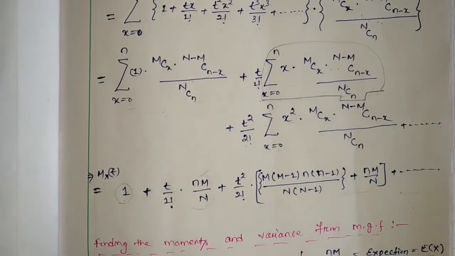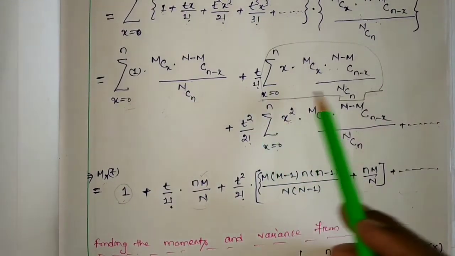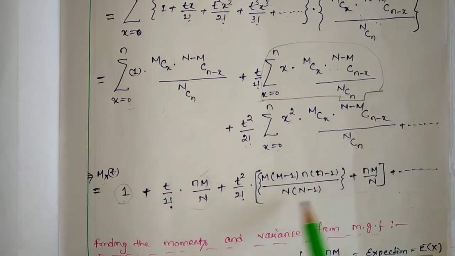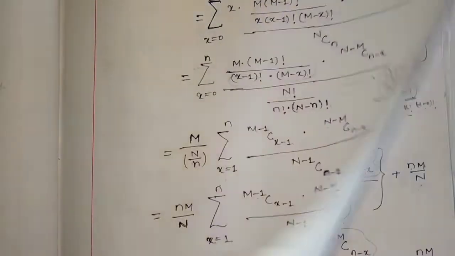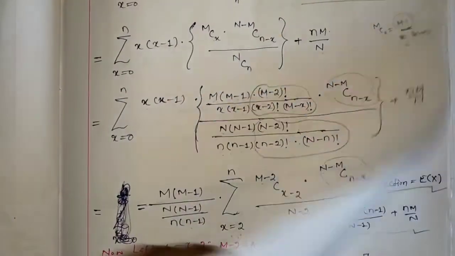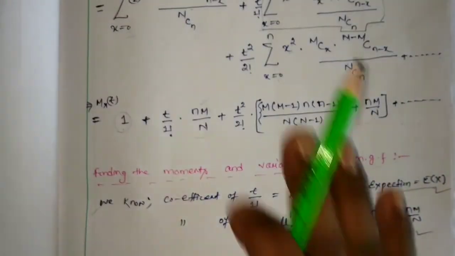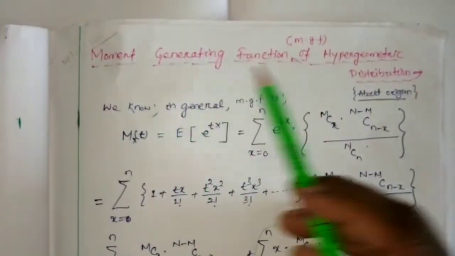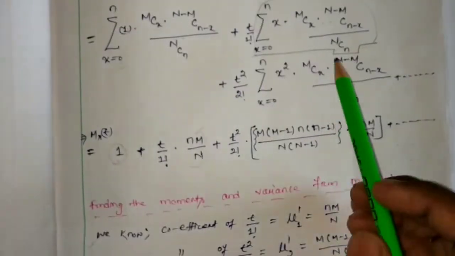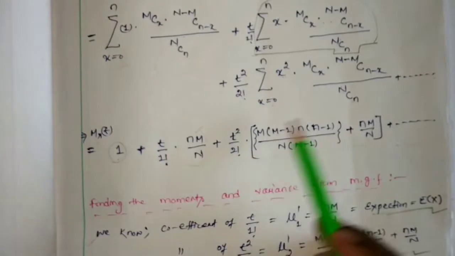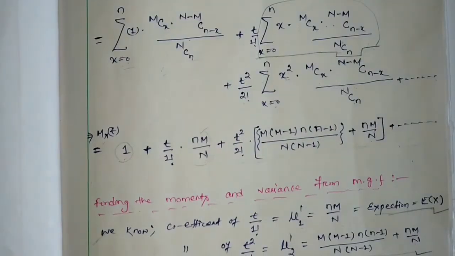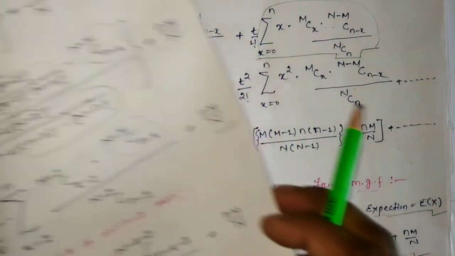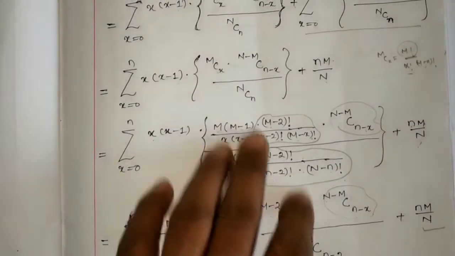Similarly, here I have substituted that this value will be this much, which we evaluated step by step in our last lecture. So if you are trying to find the expectation and variance with the moment generating function method, you also have to evaluate that this value will be this much. That means you have to consider all the steps we discussed in our last video.